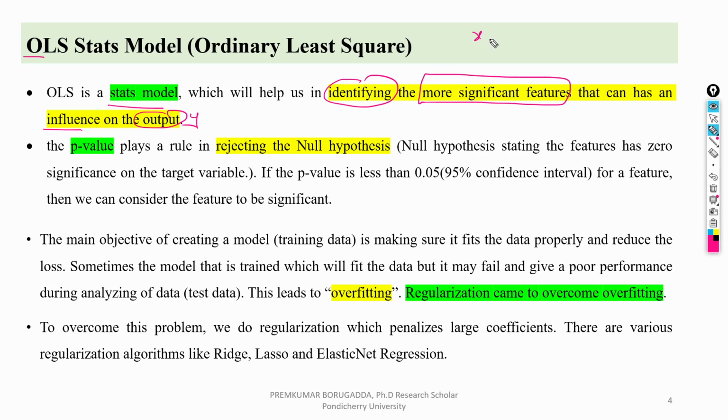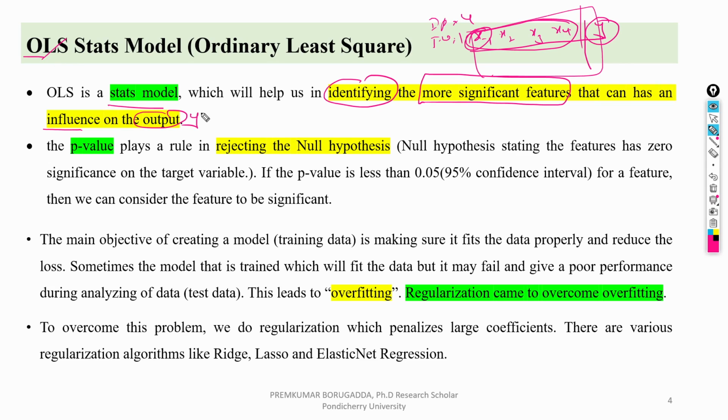For example, we take x1, x2, x3 and x4 as input variables and y as the target variable, so four input variables and one target variable, total 5. Among the four input features, which feature is more important? Which feature plays a role in predicting the target variable? We identify this with the help of the OLS method.